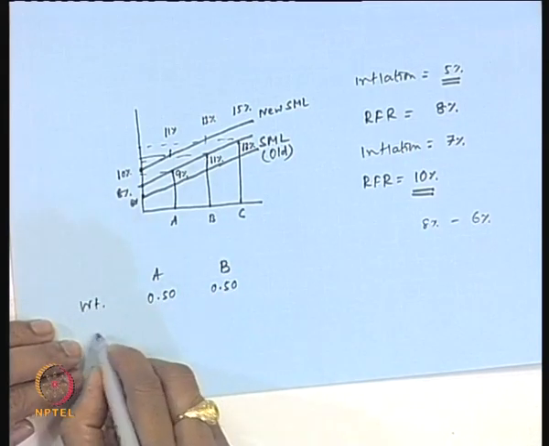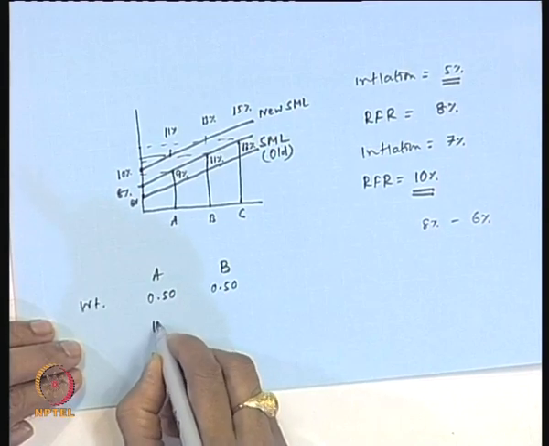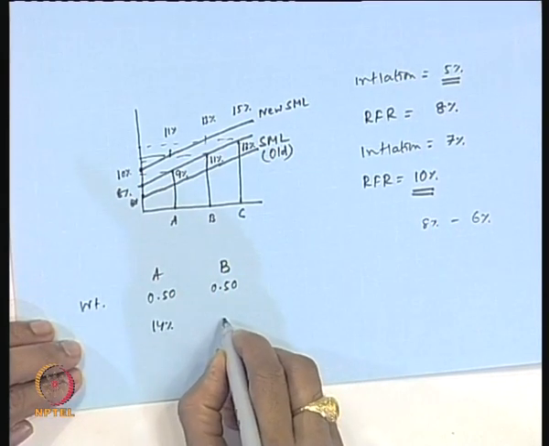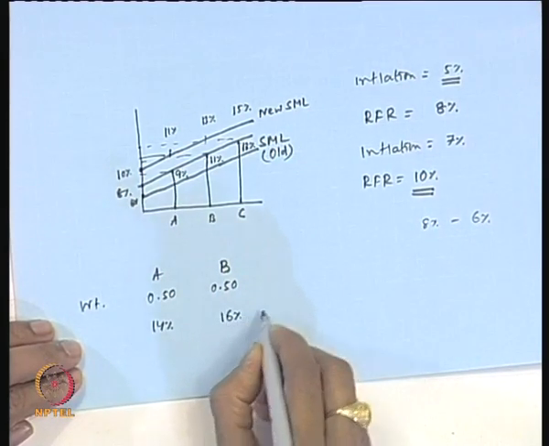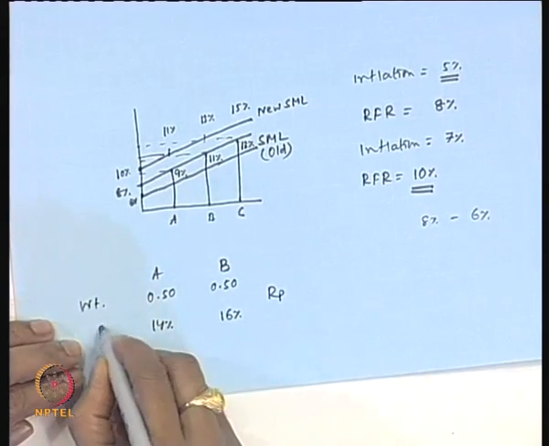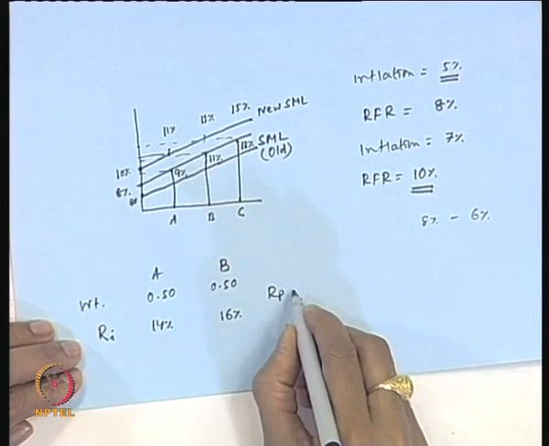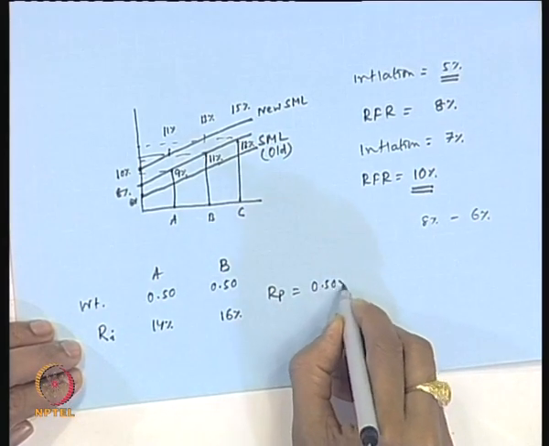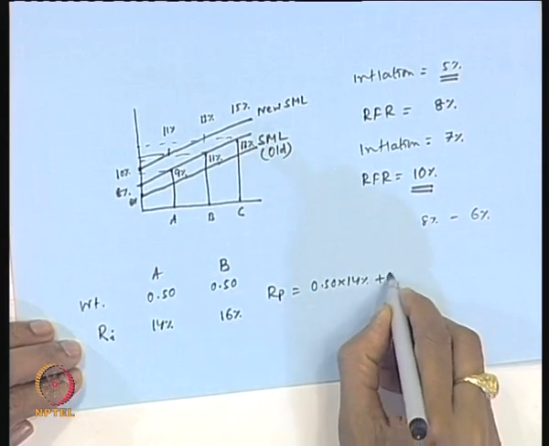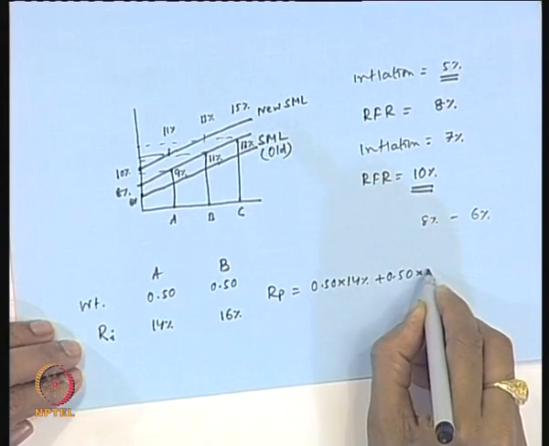0.50 in both the assets, asset A and asset B, that is the weight of investment. And if we are expecting return on asset A as 14% and asset B as, let us say, 16%. So, the return on the portfolio is the weighted return on the ith asset, A or B. So, return on portfolio will be now 0.50 into 14% plus 0.50 into 16%.